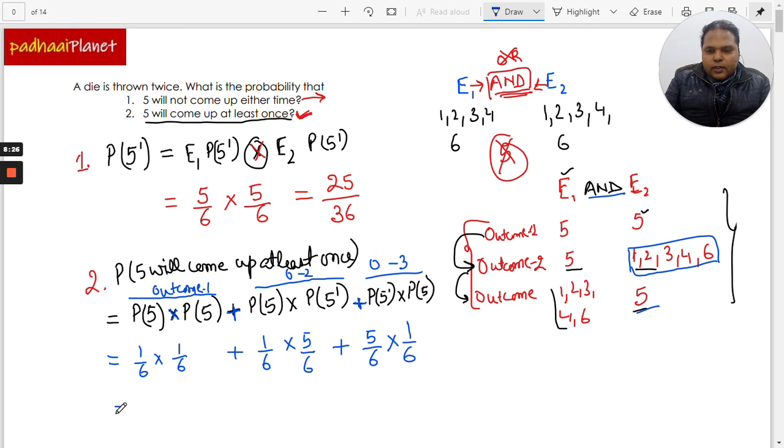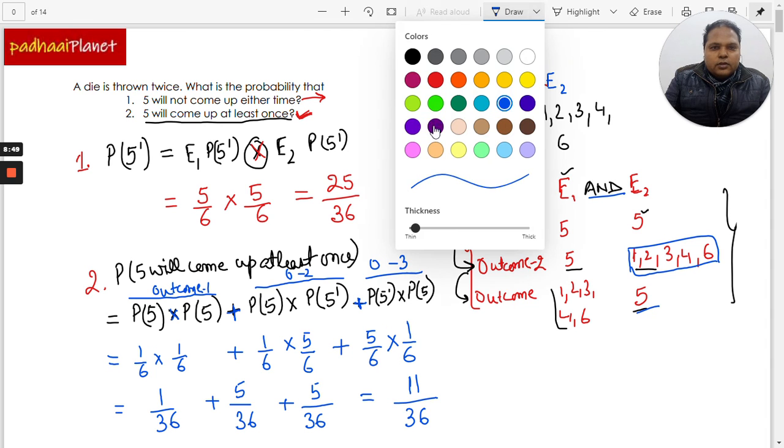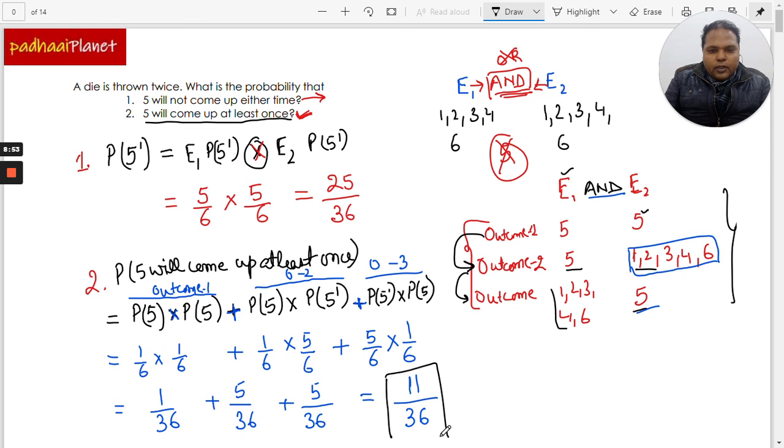Let's simplify this, so this is 1 over 36 plus 5 over 36 plus 5 over 36. So finally what we get is 11 over 36, right? So this is the final answer, and I hope you guys could understand.